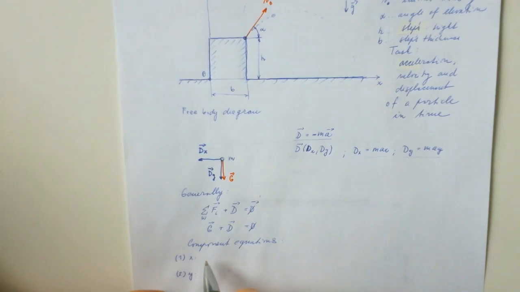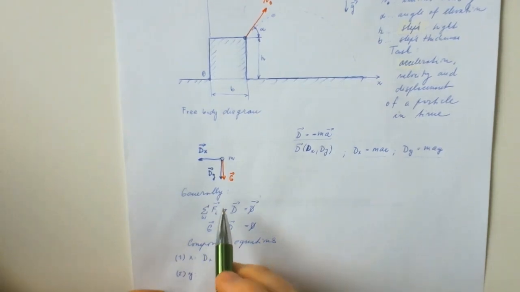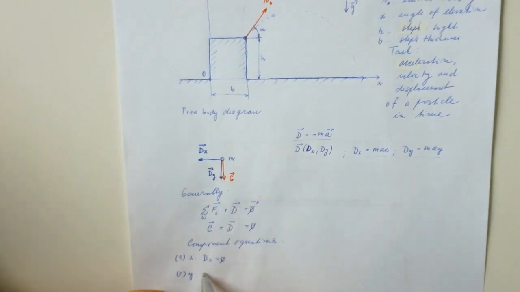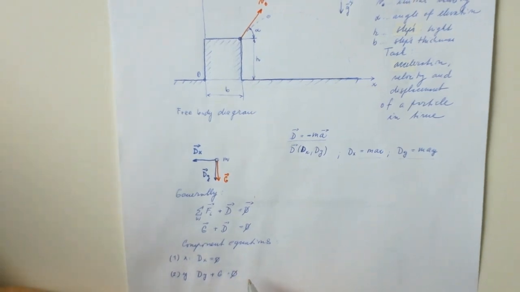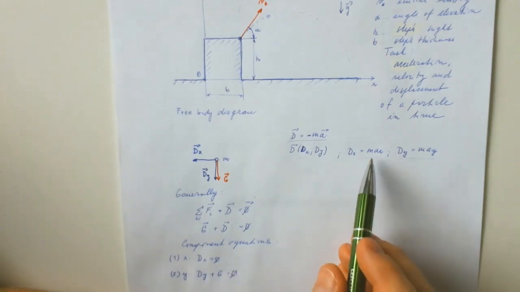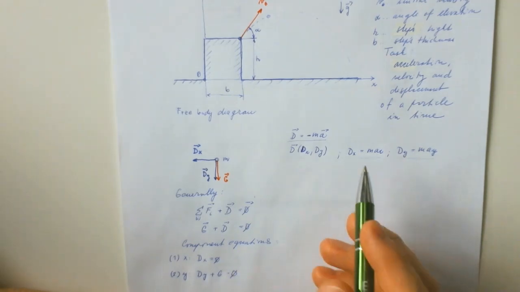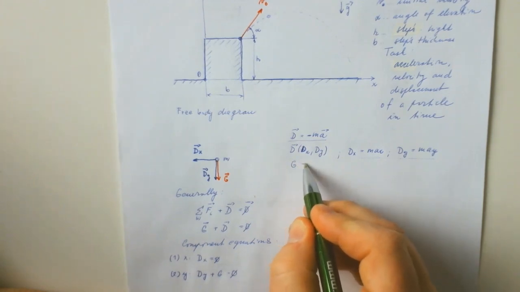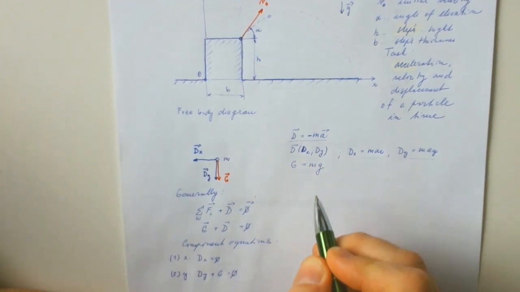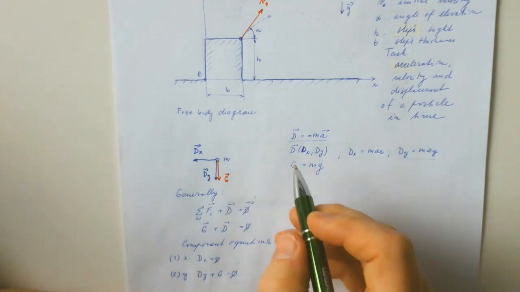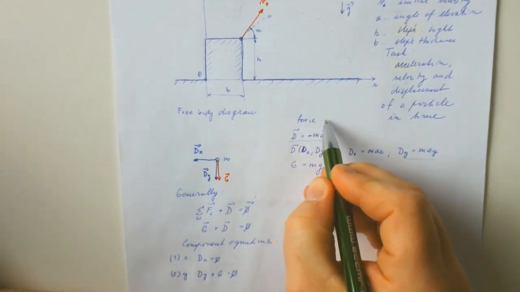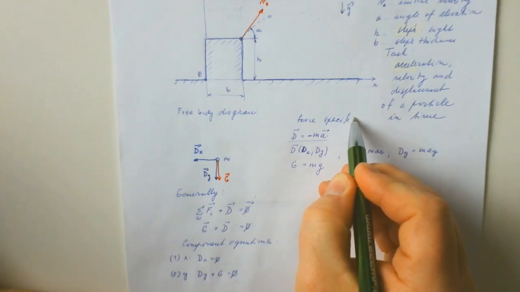In the x direction we write Dx is equal to 0, and in the y direction we write Dy plus G is equal to 0. For the force specification we can use this: Dx and Dy as before, and the size of G is m by g.